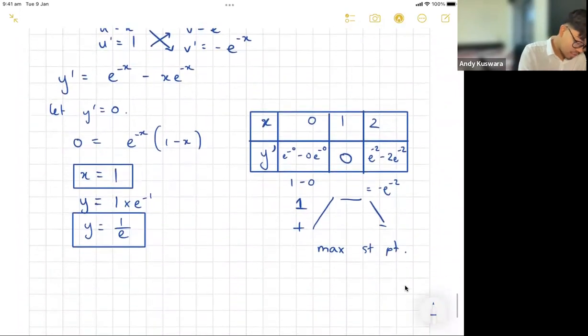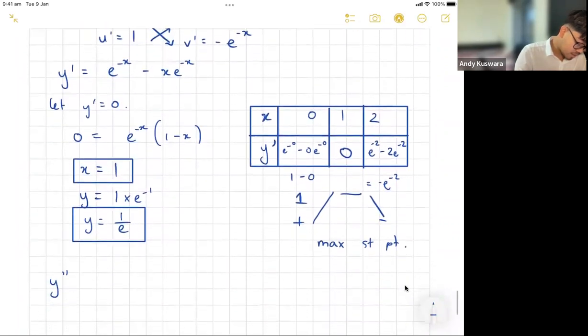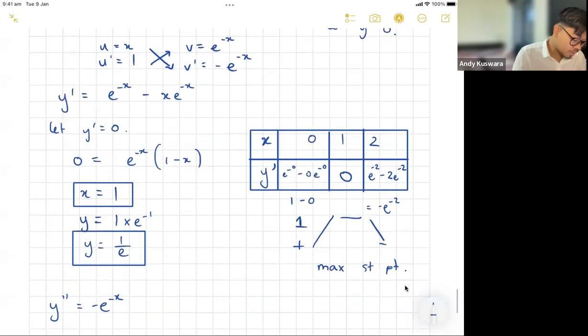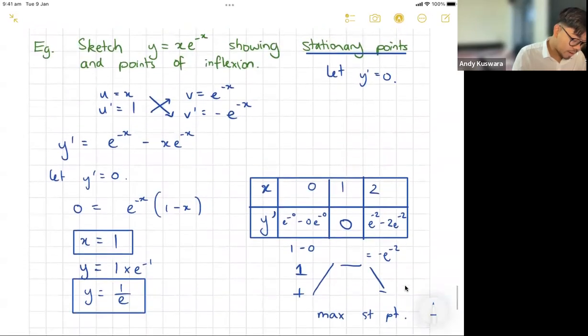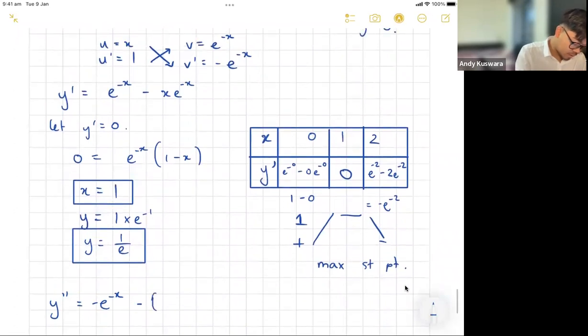Points of inflection. All right, I'm going to do y double dash. Okay, so it's going to be e to the x. The derivative of e to the negative x is going to be negative e to the negative x. And we know that the derivative of x e to the negative x is going to become, I'm just going to use a cheat here, e to the negative x minus x e to the negative x.